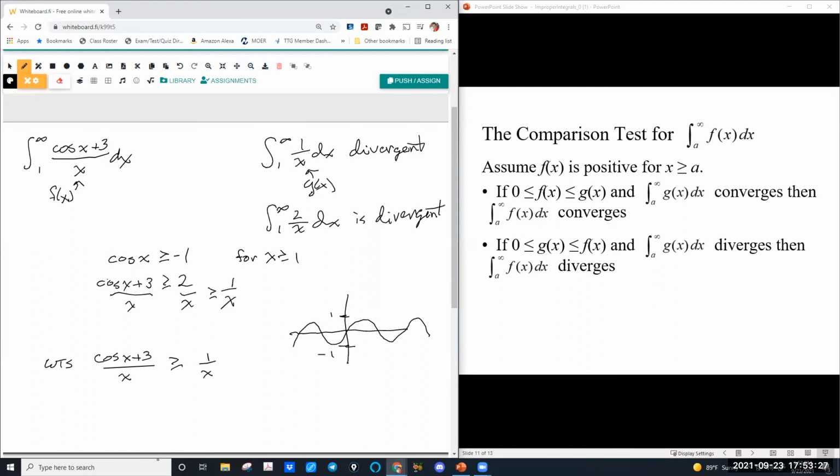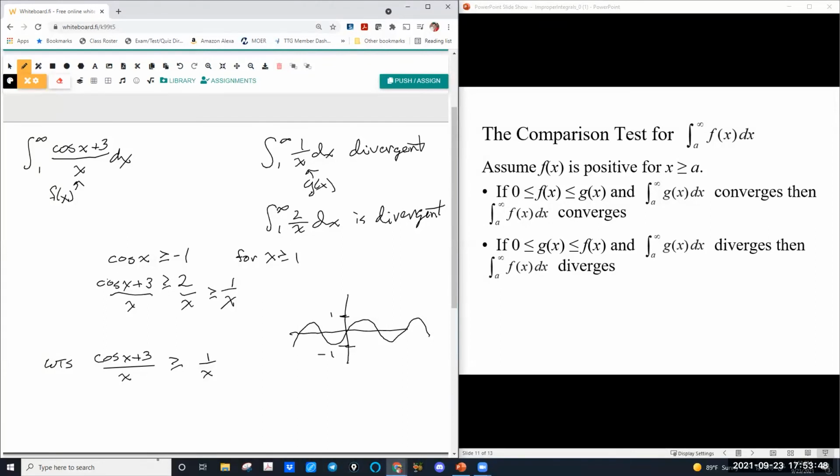That's always true. That's a fact. That is something we can use in these proofs, because now we can just deal with the 2 over x if we want. Well, hey, 1 over x is divergent, so is 2 over x. Doubling infinity is still infinity. And doubling a finite number is still a finite number.